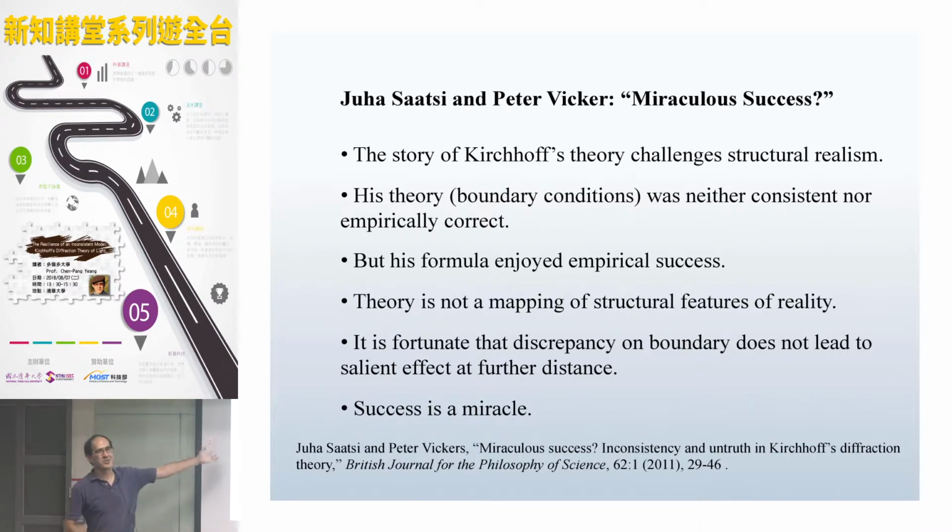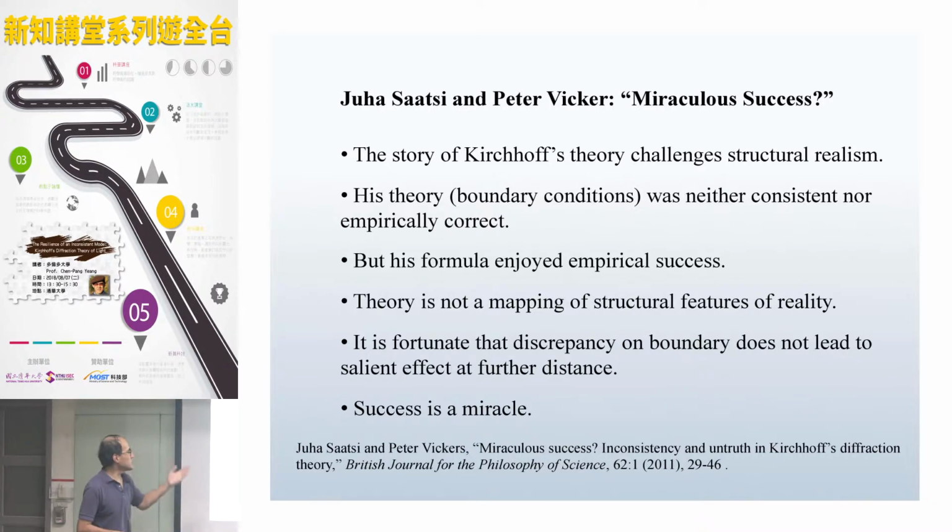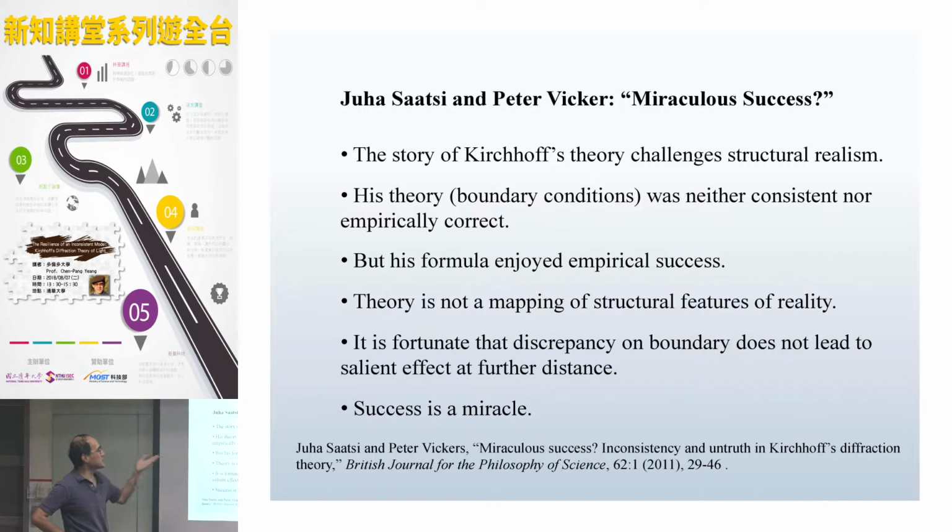But here, Kirchhoff's theory posed a problem, right? Because his theory was neither consistent nor empirically correct. Of course, when I say his theory is not empirically correct, it doesn't mean that his formula does not have empirical evidence. It means that his boundary condition could not be reproduced by his formula, right?